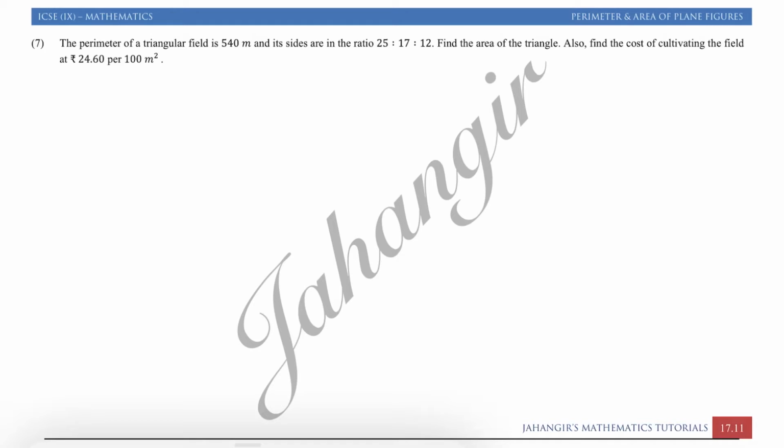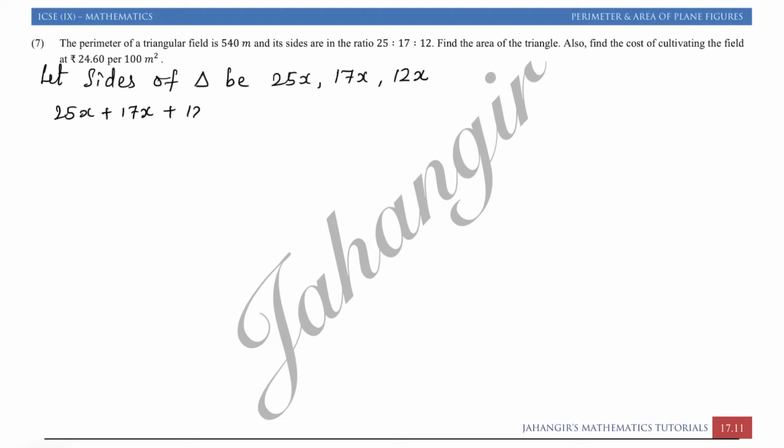So we will say again, let the sides of the triangle be 25x, 17x and 12x, such that 25x plus 17x plus 12x is equal to 540.